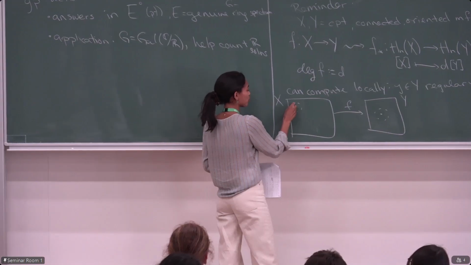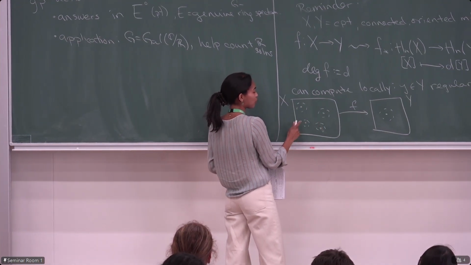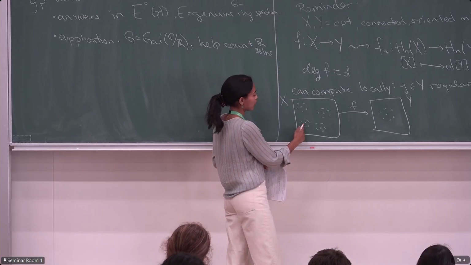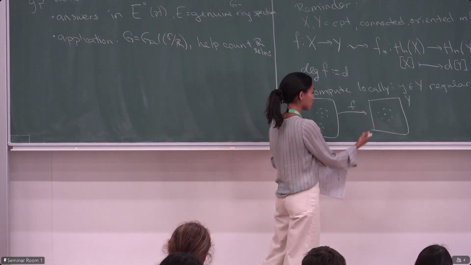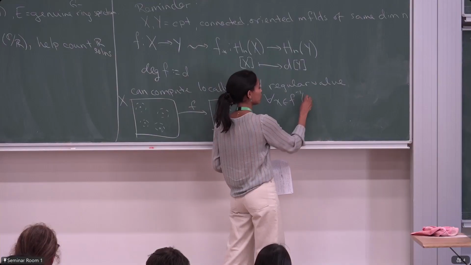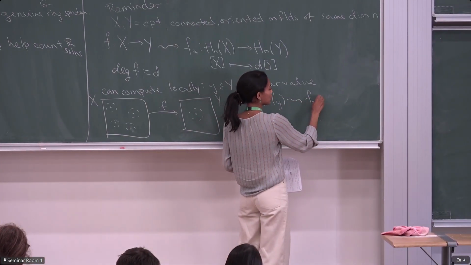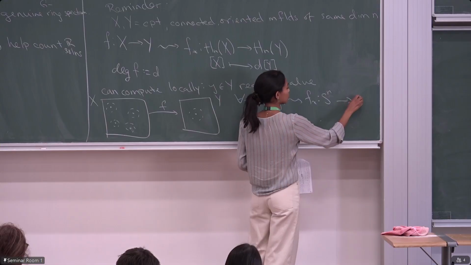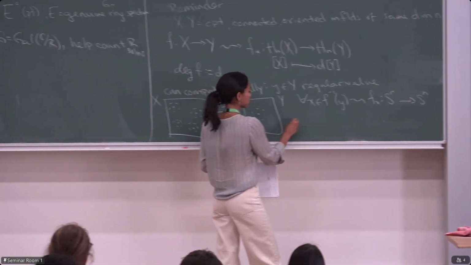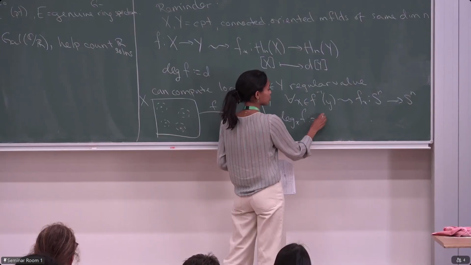And around each point in the preimage, you can find a tubular neighborhood such that if you collapse the boundary of the tubular neighborhood around the point in the preimage, likewise around y, you can define a map that I'll call f sub x, which is a map between n-spheres. And the local degree of f at x is the degree of this map.